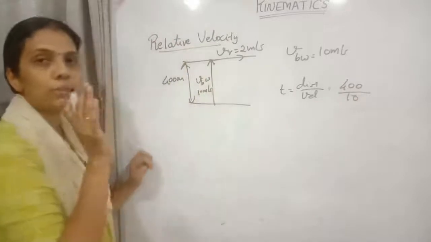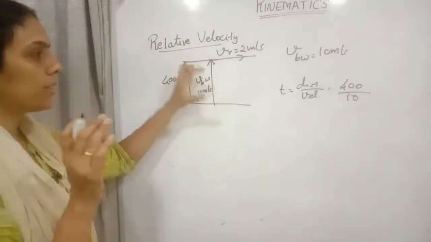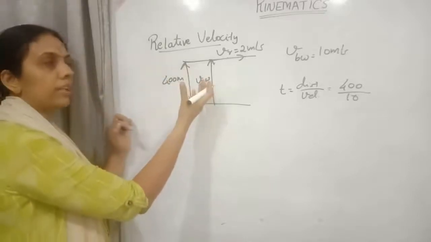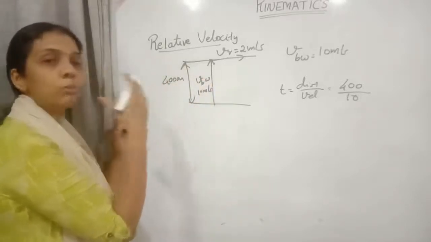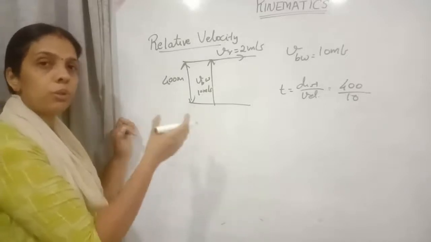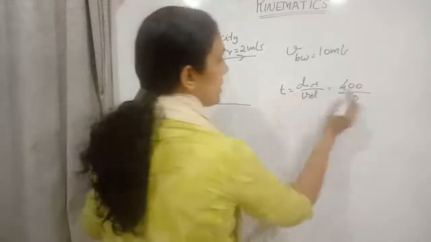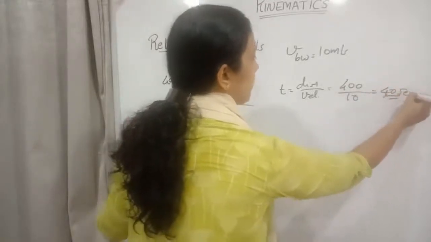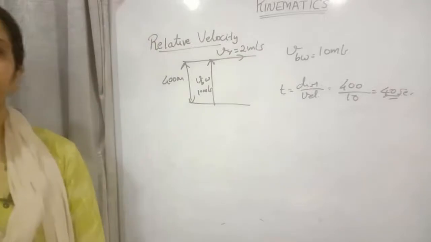Relative velocity only we should use, because of the river current, the boat can't move in its original velocity. So the relative velocity of the boat with respect to water only we should consider over here. So here we will get it as 40 seconds. Okay, this is how we will be finding out the time.